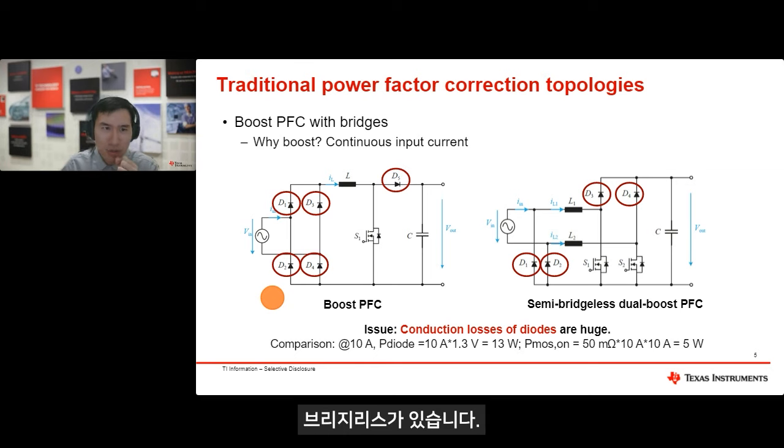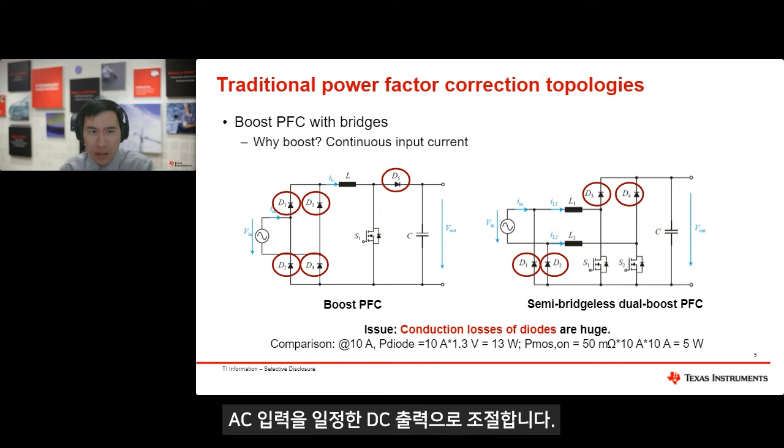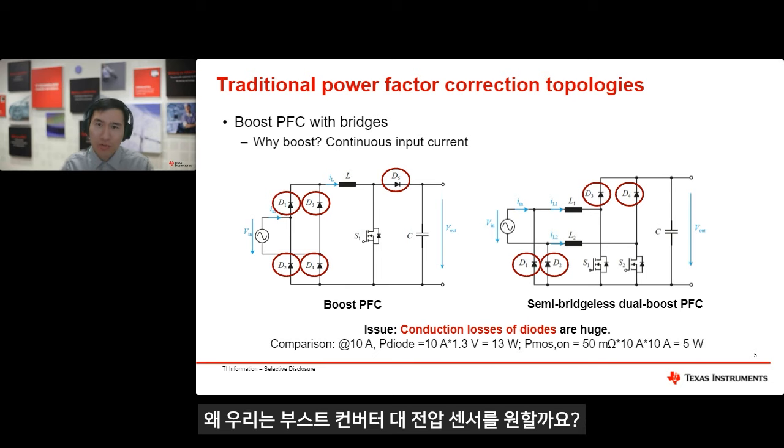It has a diode bridge right after the input of AC to change the polarity of the input voltage, and then it will go through a boost converter. It has the active FET on the low side and the diode on the high side. This kind of asynchronous boost converter does the voltage regulation, so that your AC input will be regulated to a constant DC output.